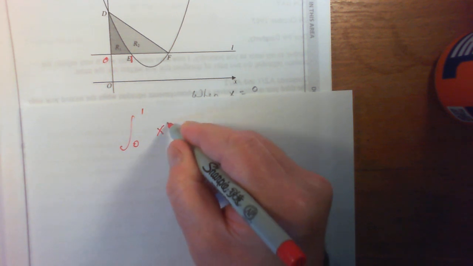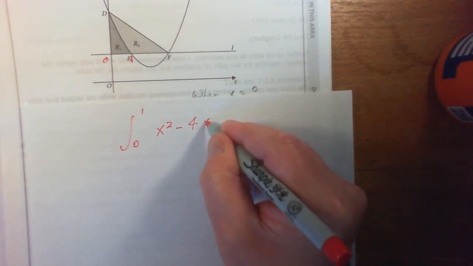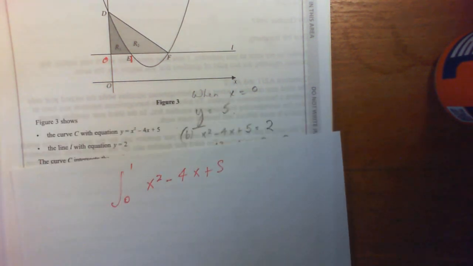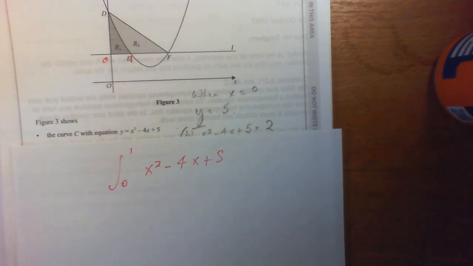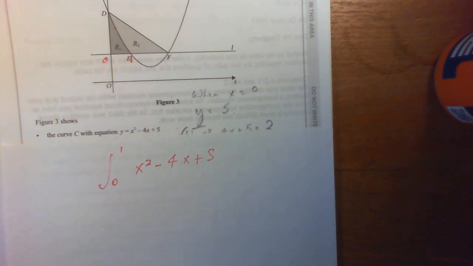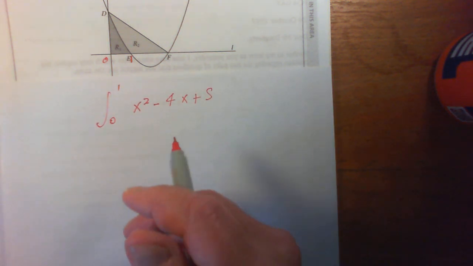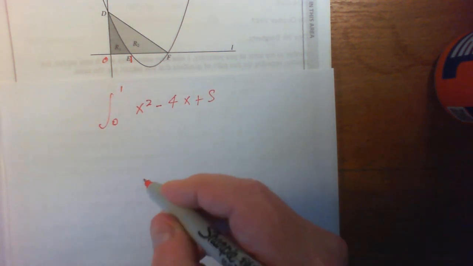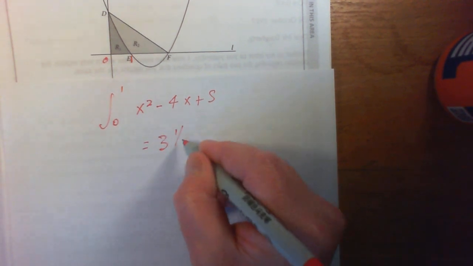And the equation is x squared minus 4x plus 5, that's the equation of the curve C, y equals x squared minus 4x plus 5. And that will give me, at the end of the day, 3 1/3.